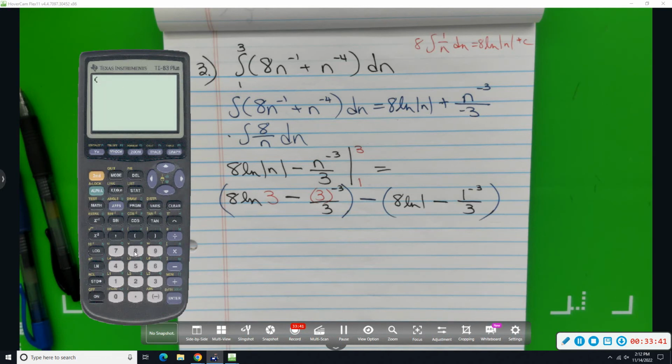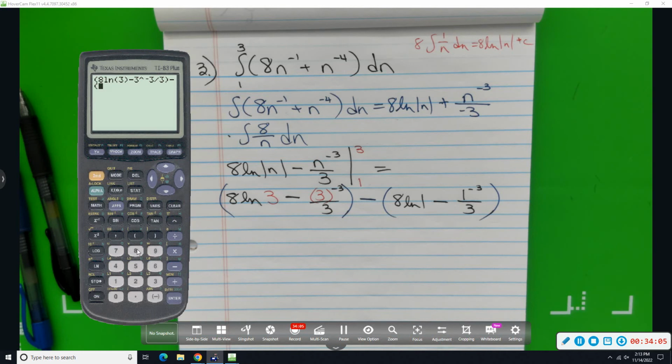Left parentheses, 8 ln 3, close parentheses, minus 3 raised to the negative 3 divided by 3, right parentheses. I'm just going to punch it all in as one thing. Minus, that minus I just punched in is this minus right here.